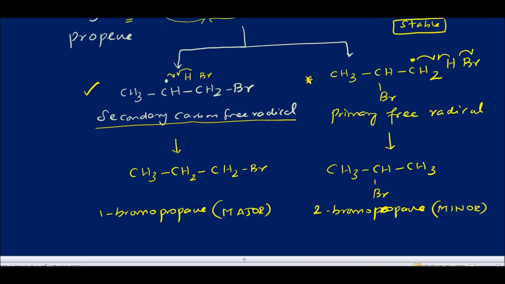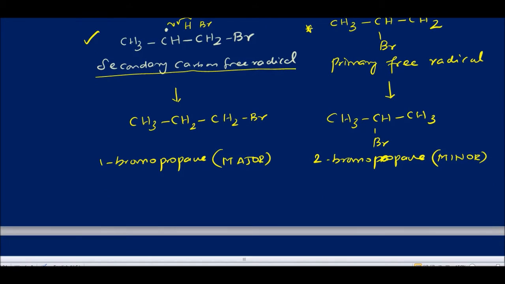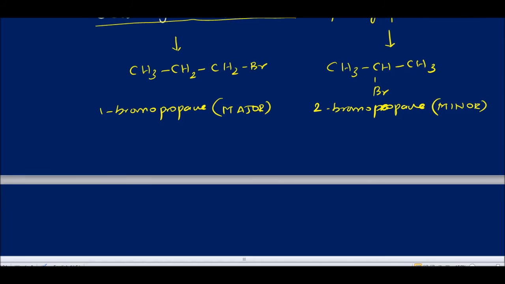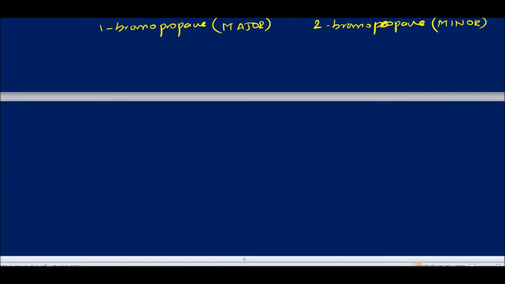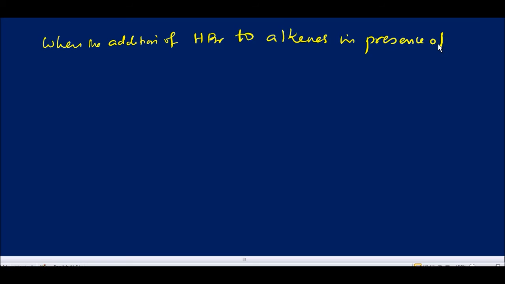This is the way by which you can understand the peroxide effect, the anti-Markovnikov rule. The anti-Markovnikov rule follows free radical addition, which can be summarized as follows. When adding HBr to alkenes, in particular asymmetric alkenes, in presence of peroxide, the following things are possible.